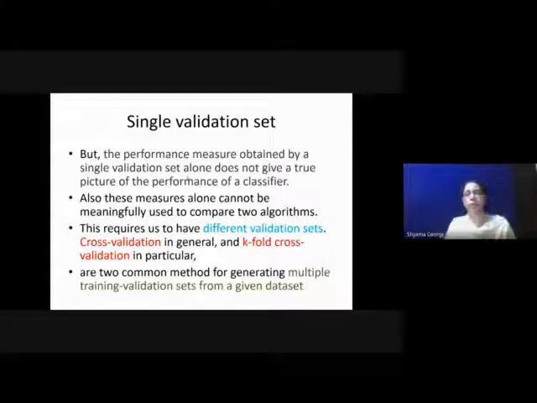Cross validation and k-fold cross validation are two common methods for generating multiple training and validation sets from a given data set. So a single validation set alone will not give us the true picture of the performance of the classifier. We need multiple validation sets, and these can be developed using cross validation and k-fold cross validation.